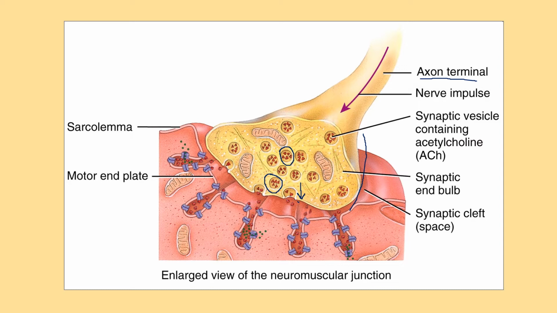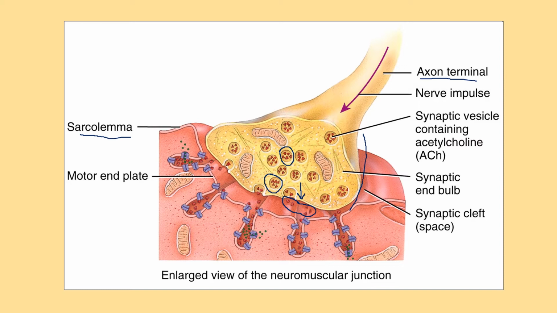And so here in the cleft, we see all these little molecules of acetylcholine. All right, so it's a signaling molecule. It needs to have a receptor, right? The target cell needs to have a receptor to which the signaling molecule will bind. And so in the plasma membrane of the muscle cell, again, that's called the sarcolemma, we have acetylcholine receptors.